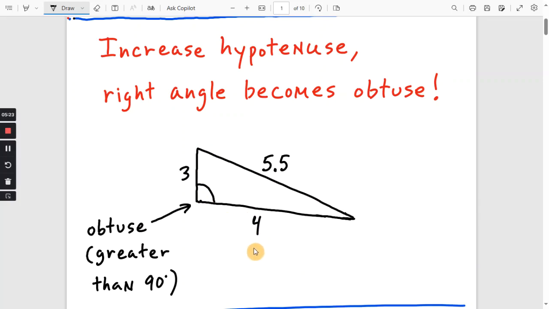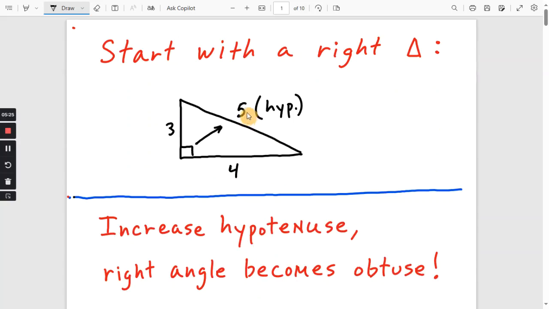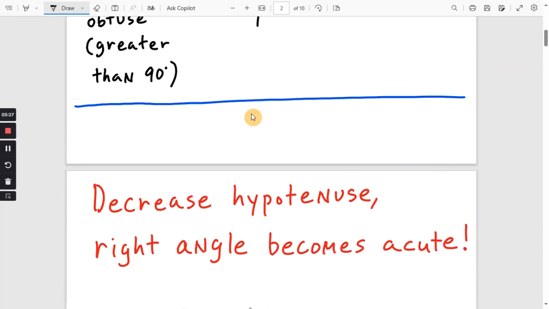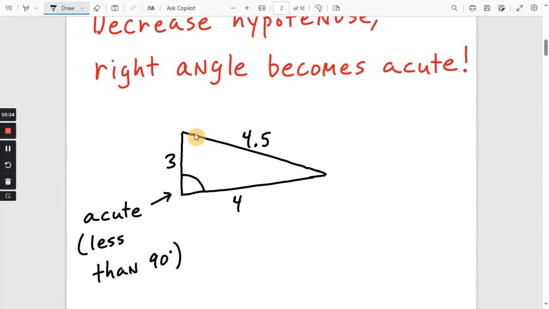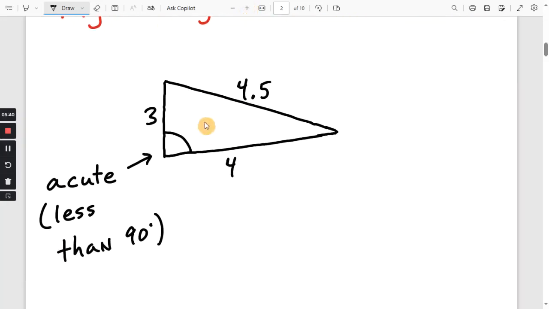All right, and if you take the original hypotenuse of 5 and you decrease the hypotenuse, the right angle becomes acute. Okay, so the original hypotenuse was 5. I made it 4.5. And as a result, since I made the side length shorter, the angle got smaller. And now that angle is acute, or less than 90. So now it's an acute triangle.